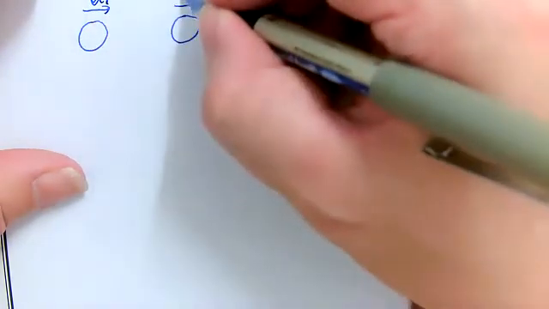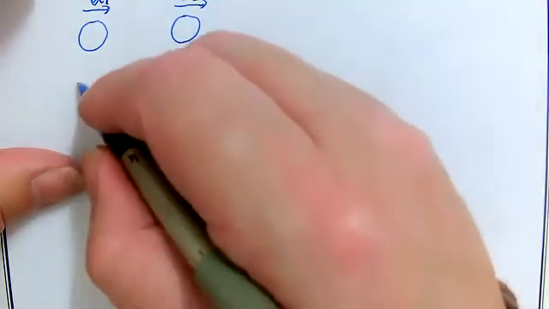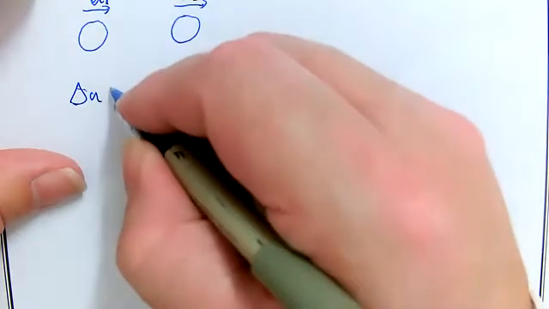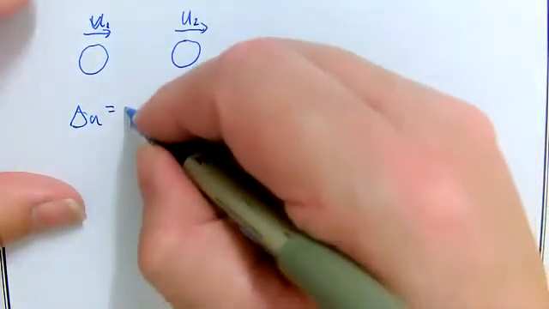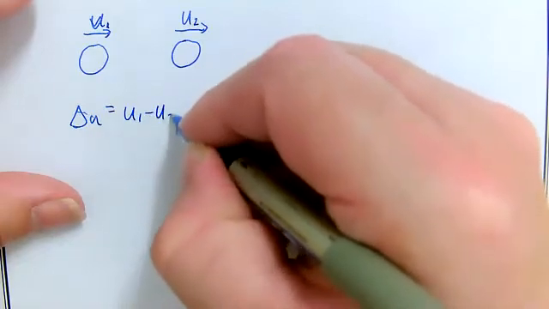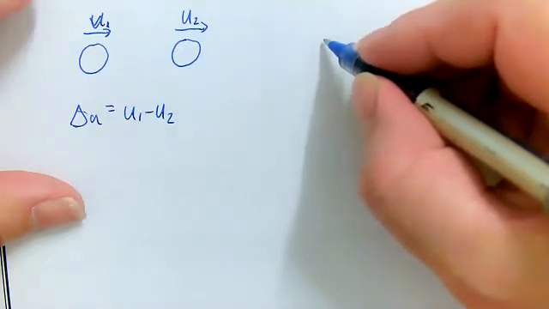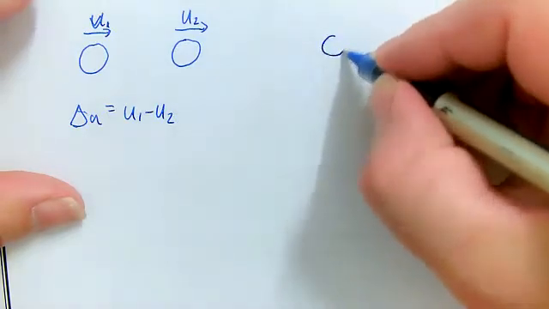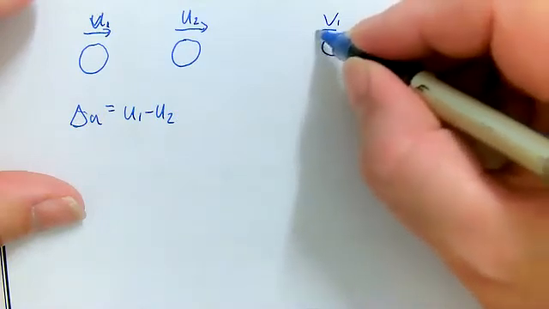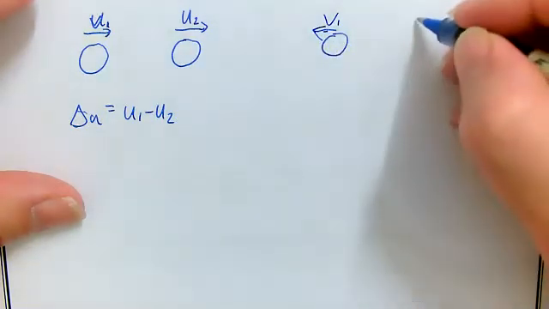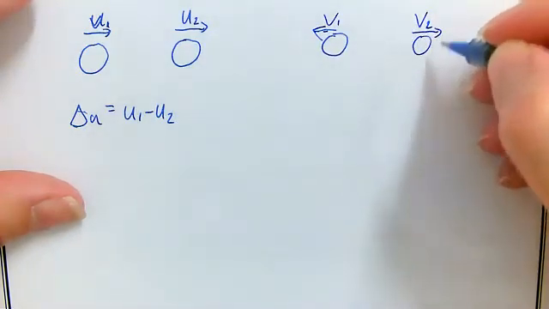that's initial velocity u2. The relative velocity between the two here is going to be u1 minus u2. Imagine that they collide and they start moving apart. So this one's now moving in that direction, and that one's moving in that direction.